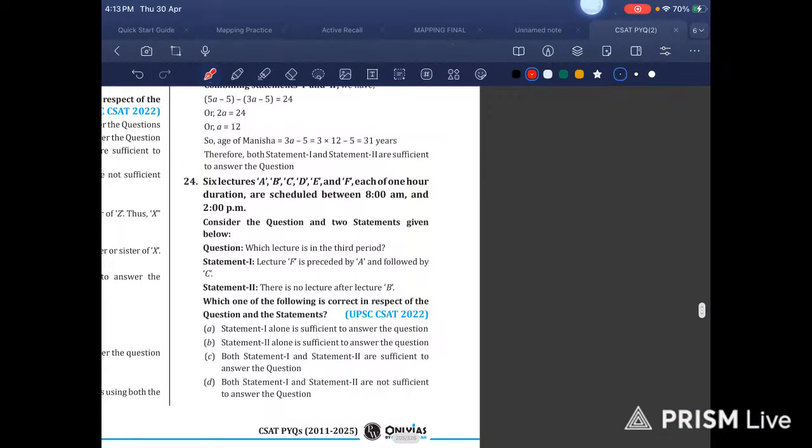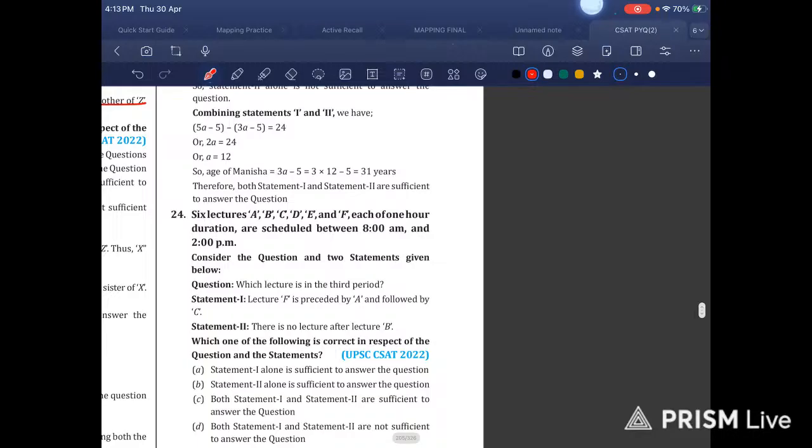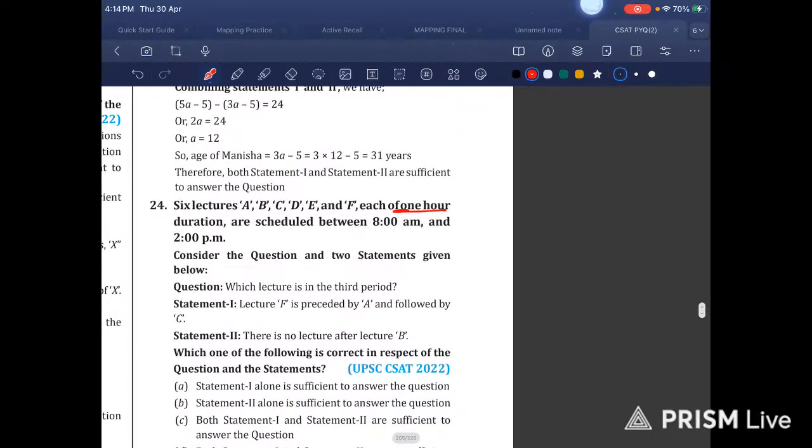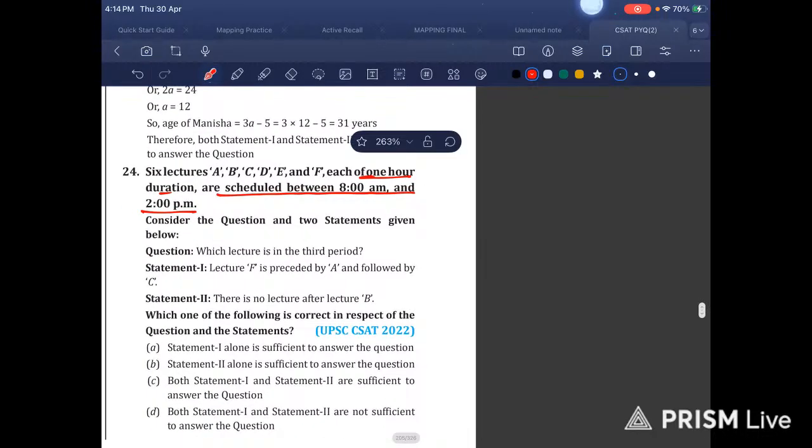There are six lectures A, B, C, D, E, F, each of 1 hour duration, scheduled between 8 AM and 2 PM.